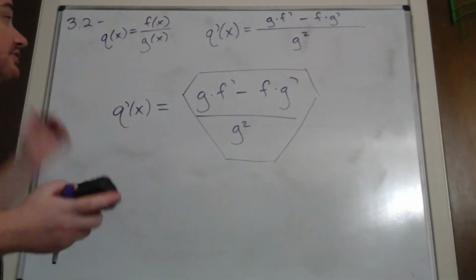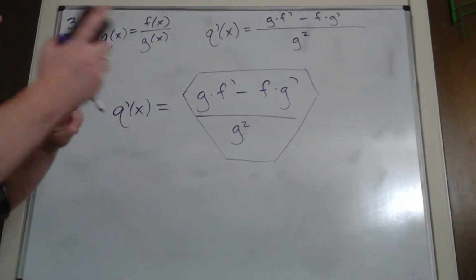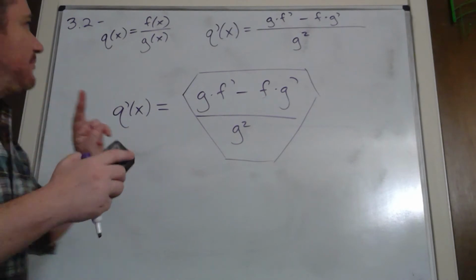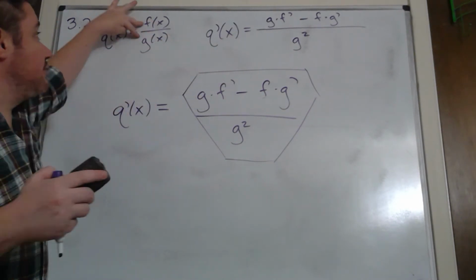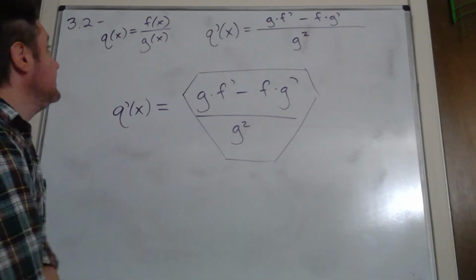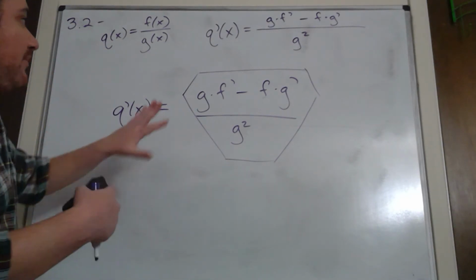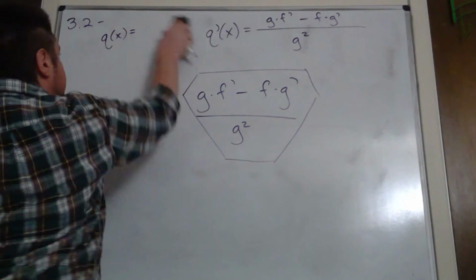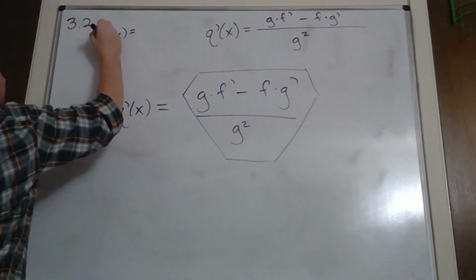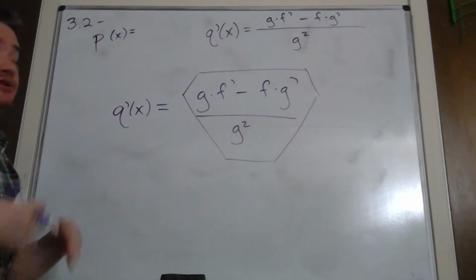Okay. Great. So we've got the quotient rule. Now let's convert this into the product rule. If we have the product of two functions, let's see how we can morph the rule. So rather than call it q of x, let's say I've got a function p of x, and I'm calling it that because it's the product.